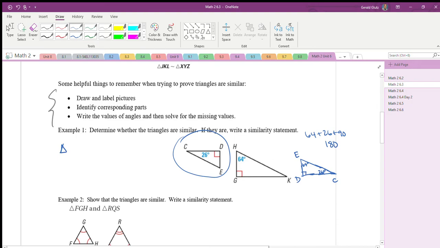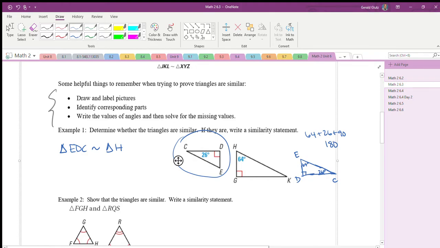So triangle EDC is similar to triangle. Since I wrote it in this order, I need to figure out which angle corresponds with E. H and E are corresponding, so I have to write H first.